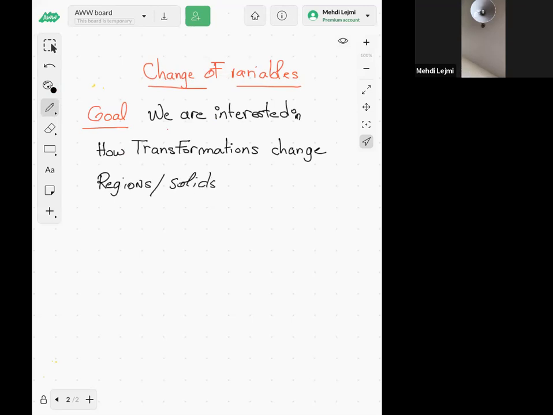So regions in the plane and solids in the space, in either the plane or the space. Okay. So what do I mean by transformations?